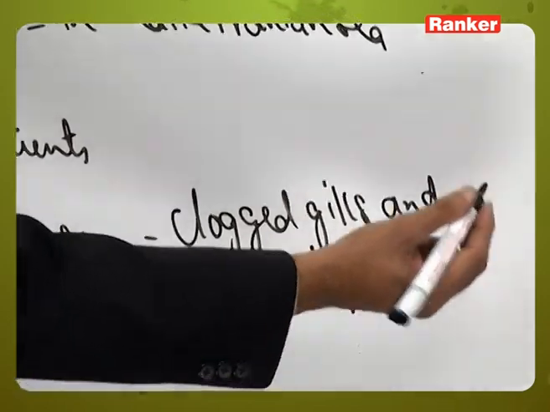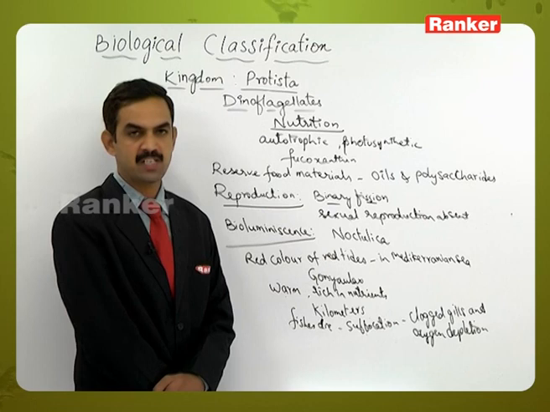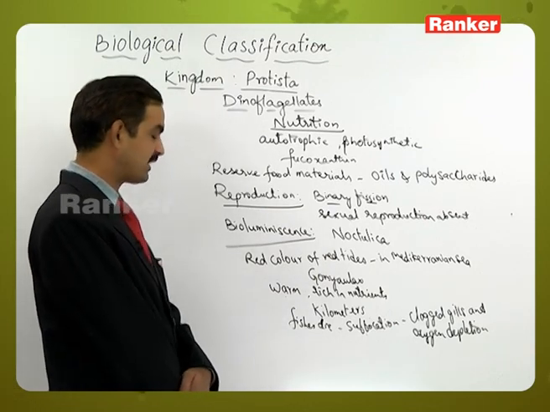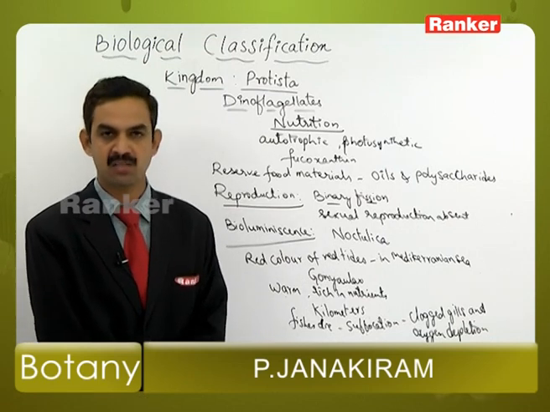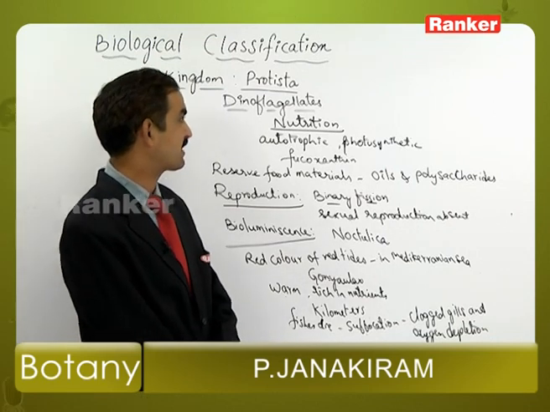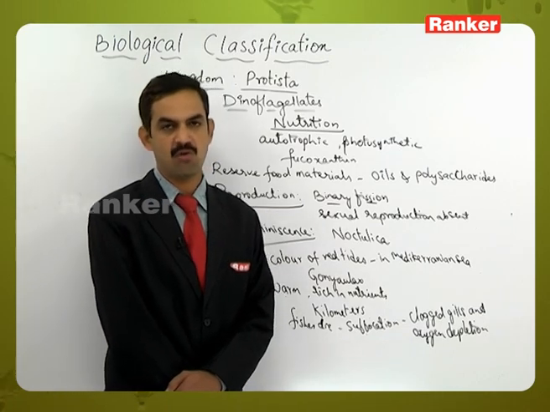When the fishes do not get the required amount of oxygen, some type of respiratory problems may occur that lead to the death of the fishes. So that is a damaging character related to the dinoflagellates. These are some of the important characteristic features exhibited by dinoflagellate organisms of Protista.